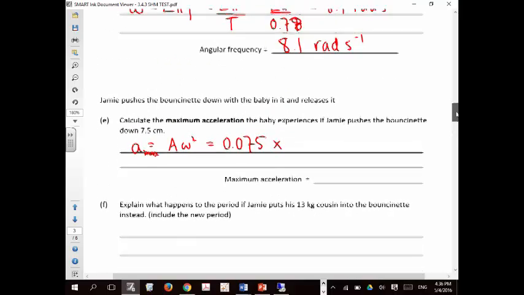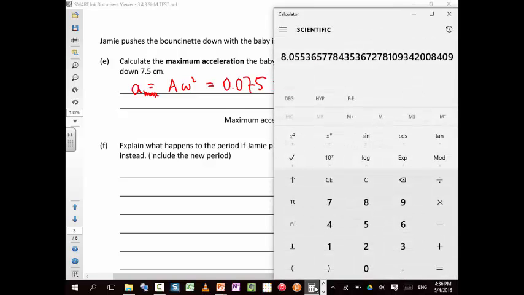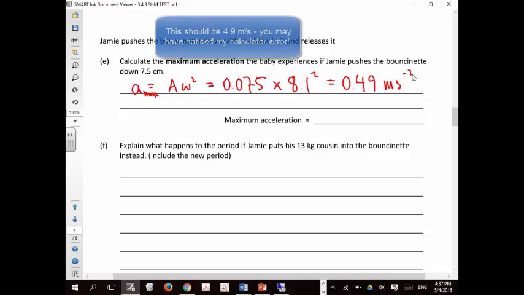Omega we just calculated and it was 8.1. So 0.075 times 8.1 squared equals 0.49. And that's an acceleration, so that's meters per second squared.